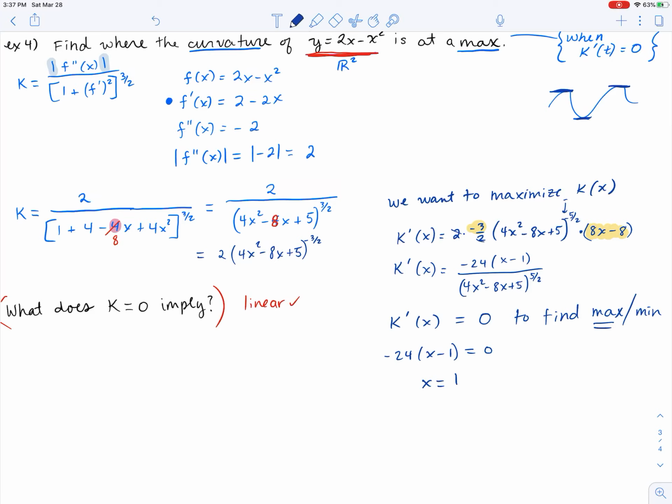We could check that. I'm going to check it graphically, but we could check it by doing a sign graph. You guys remember this, I'm sure. So if we look at f prime for numbers smaller than 1, I think we're increasing.